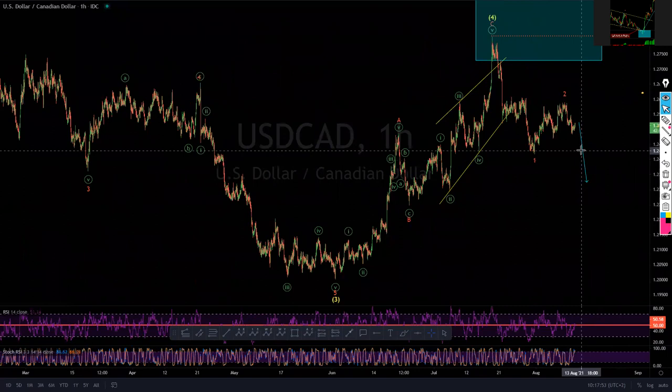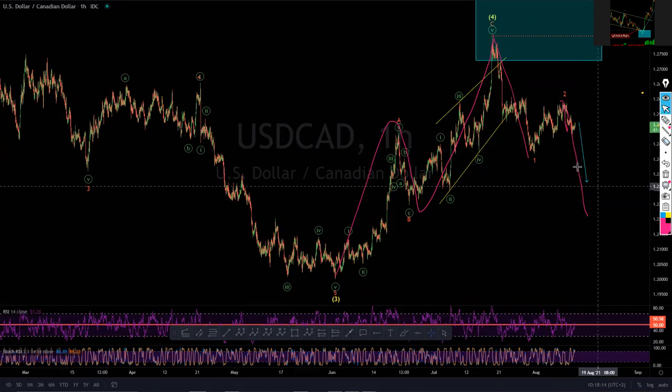We were looking at US dollar Canada this way, that we are now in wave. We were making wave 4 there. Wave 4 there, and we had an impulse and a pullback, and we're expecting a continuation lower. I've already taken a look at pound US dollar.